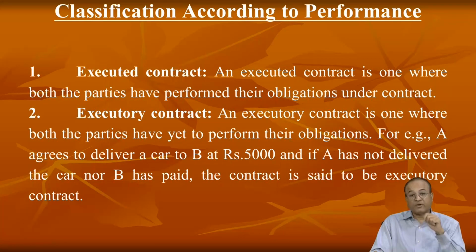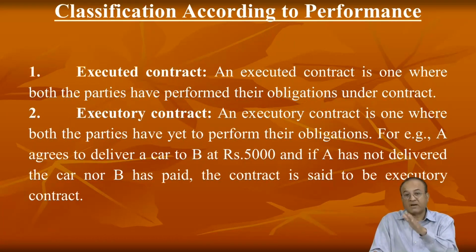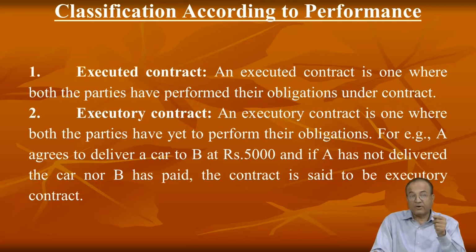Now, executory contract. An executory contract is one where both the parties have yet to perform their obligations. Like A agrees to deliver a car to B at rupees 5,000, and if A has not delivered the car nor B has paid, the contract is said to be an executory contract.